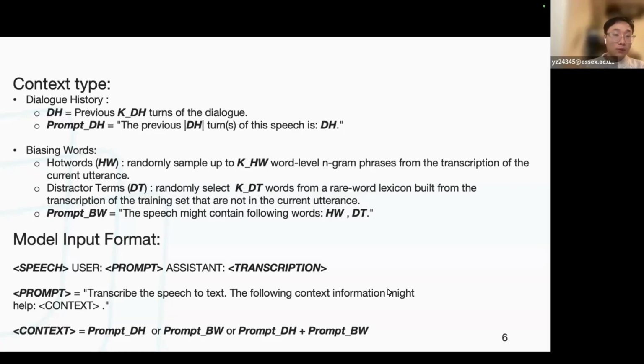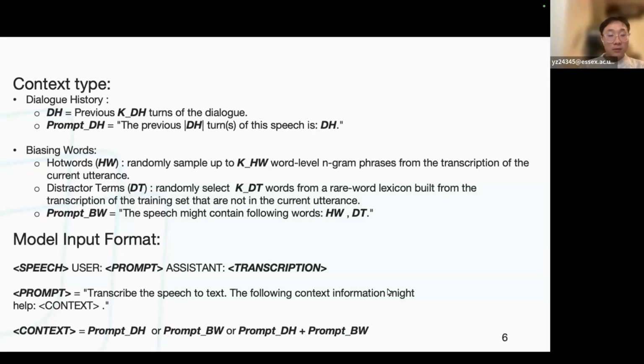And we also investigated another type of context, the biasing words. Biasing words consist of two different types of words. The first type is hot words. The hot words are randomly sampled word-level n-gram phrases from the transcription of the current utterance to represent the keywords or the key meaning of the current utterance. To avoid the hot words applying too strong a signal, we will also include distractor terms in the biasing words.